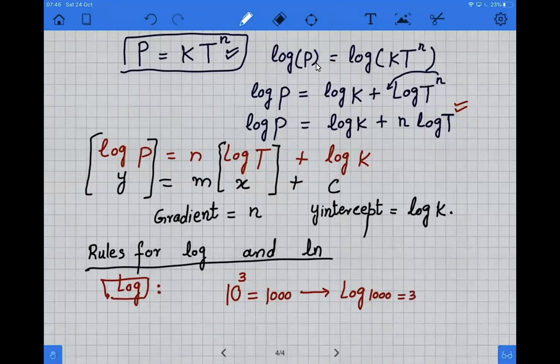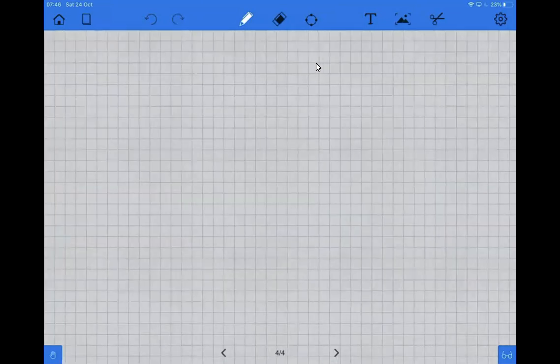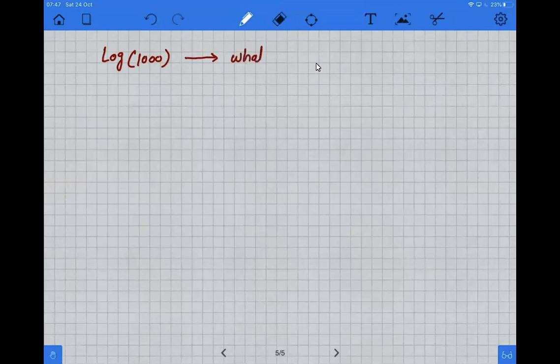Basically, when we say log of 1000, it means that the examiner is asking you what power of 10 makes 1000. It goes in this way. For example, if it is written that find log of 35, what does this mean?